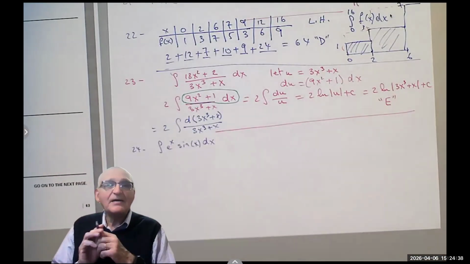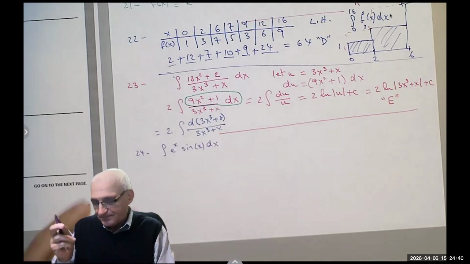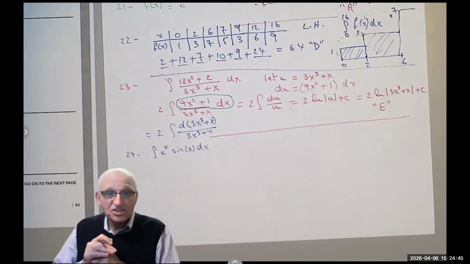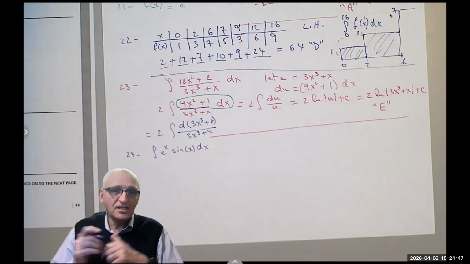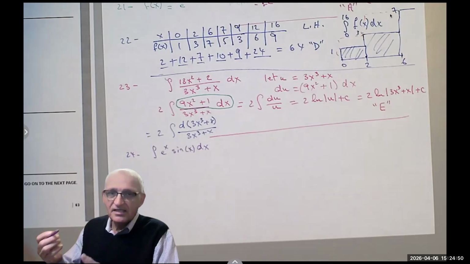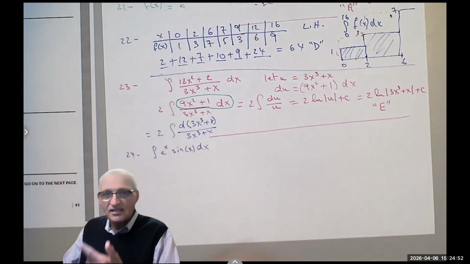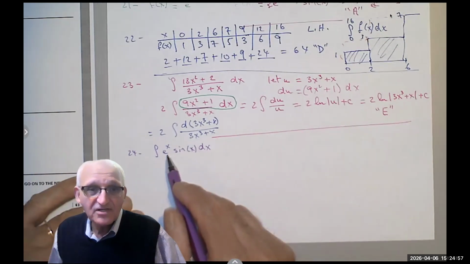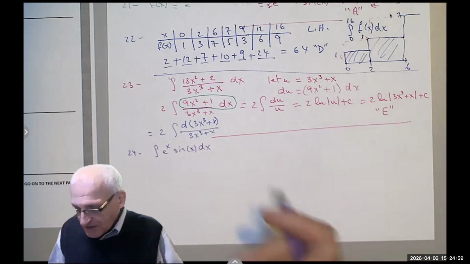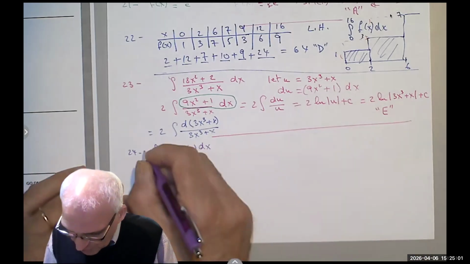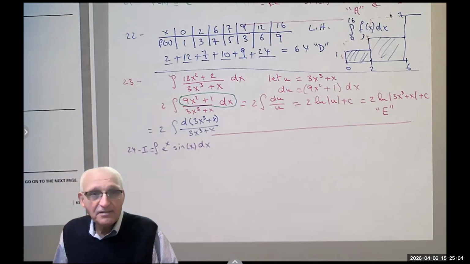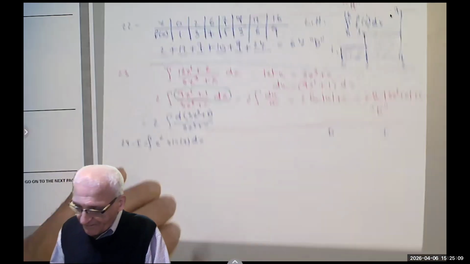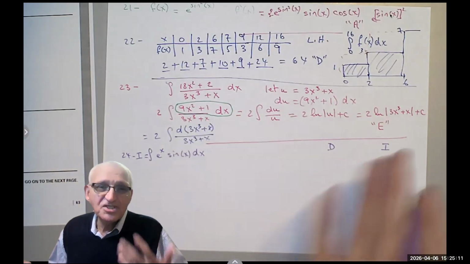And I told you what happens if one of the functions that are multiplied is periodic: it keeps going, sine, cosine, then negative sine, negative cosine, and then sine, cosine, and so on. It repeats. And the other function, e to the x, stays the same. So the easiest way to do it is to call this I. Then you say, here is the derivative, here is the integral. And in this case, it doesn't matter which is which.